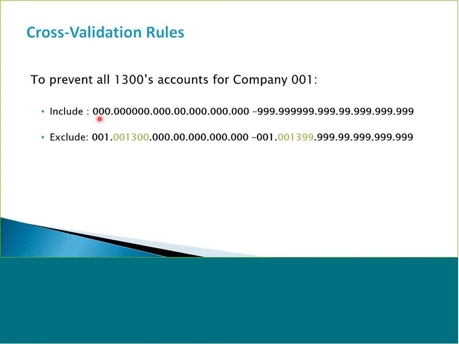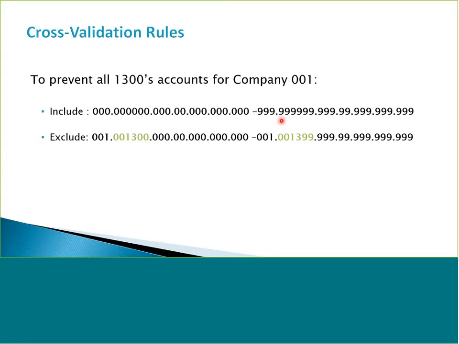So from 000 for the company to 999, from 000 for the natural account to 999, and the same for all the segments. So any possible combination that you can think of is included in this range. So that's what we usually do as the first step. We define the inclusion range, and it's usually all the accounts that are possible.